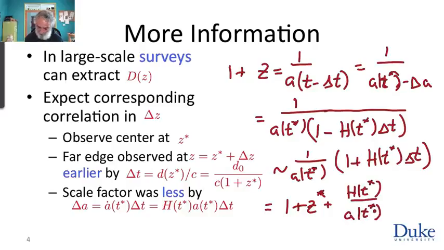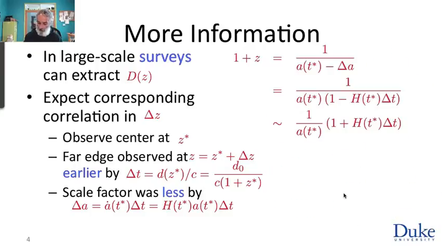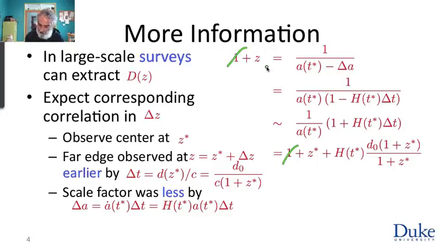And now I'm going to plug in my value for delta t. Delta t is d0 divided by c, and the 1 plus z star I'll replace by a of t star. And now I clean that up, and I see that 1 plus z is 1 plus z star. Of course, that's reasonable. And then the next approximation is just d0 over c times H of t star. So cleaning all that up, canceling the 1's now, z is z star plus this amount.